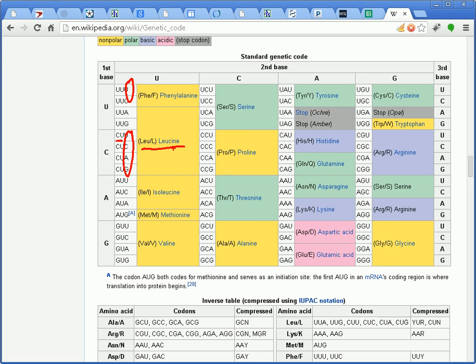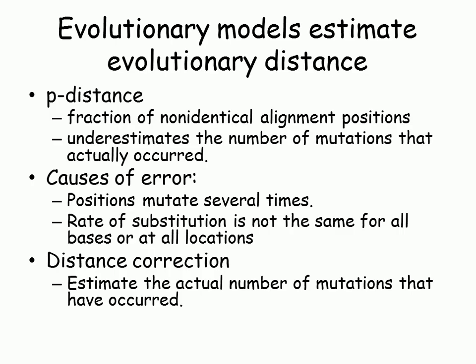Whereas if you make a mutation that will change the amino acid, it may change the fitness of the protein, and it will be selected for or against. Okay. So there's a different evolutionary pressure on the third base compared to the other bases of a codon.